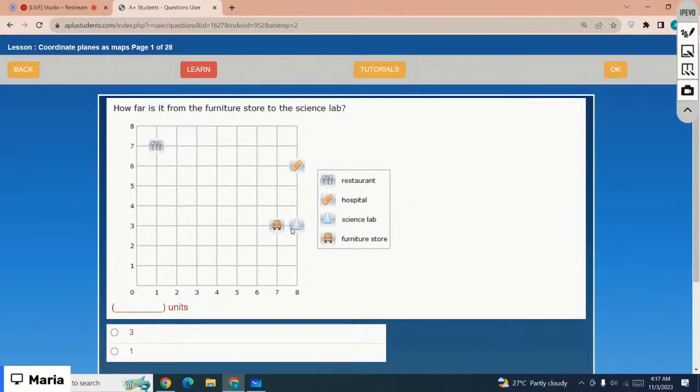The furniture shop and the science lab is only 1 unit away.